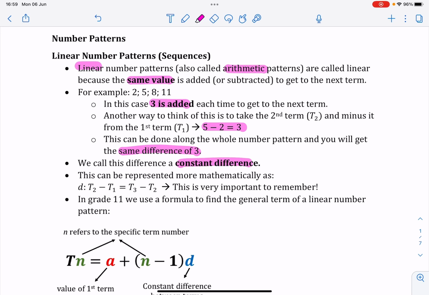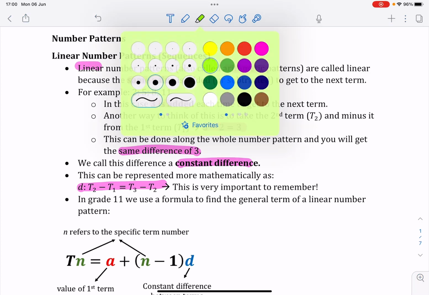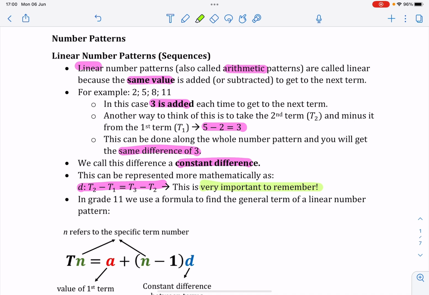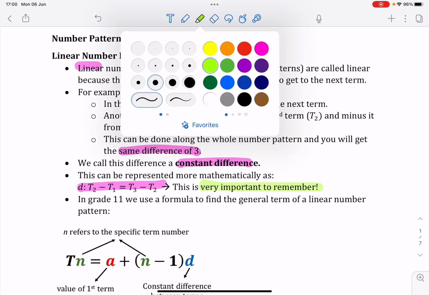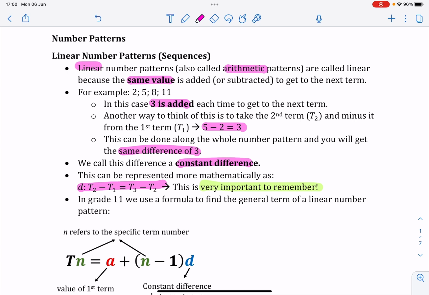Mathematically, you can represent this using this little equation: term 2 minus term 1 is equal to term 3 minus term 2. This is very important to remember for the higher order questions, which we will go through. In grade 11, we use a formula to find the general formula for linear patterns, as well as the other patterns.